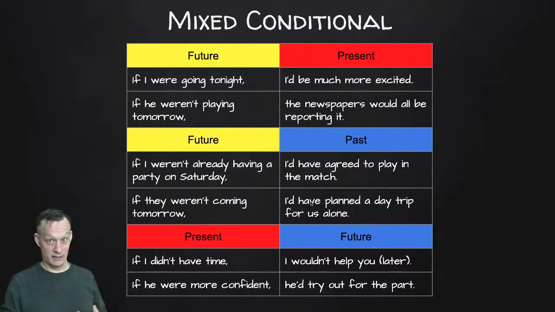I didn't plan a day trip because they are coming tomorrow. But if they weren't coming tomorrow, future, I would have planned a day trip for us alone. Past. Yesterday, for example, I would have done it yesterday. But I didn't do it yesterday because they're coming tomorrow.